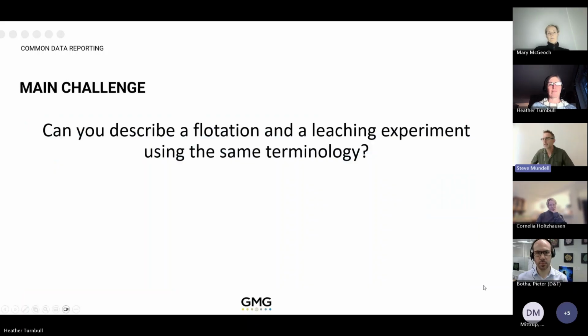It leads us to this question: can you describe a flotation leaching experiment using the same terminology? The leverage is being able to use common terminology, common structures, and common philosophies to represent the data so that you can extend it in the future.